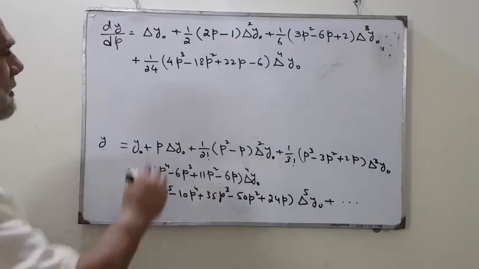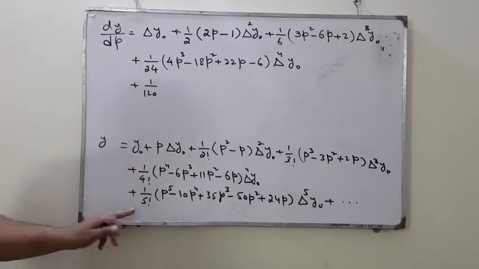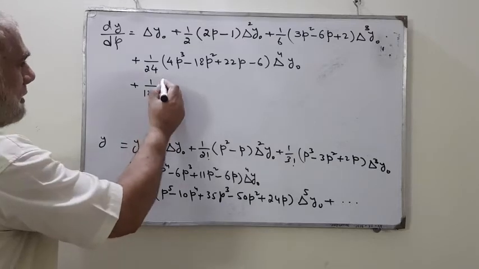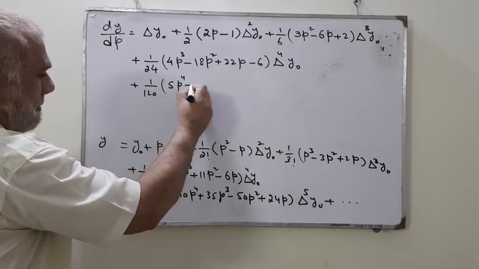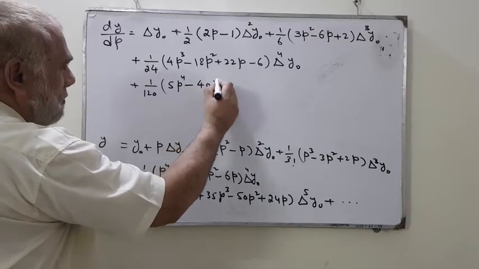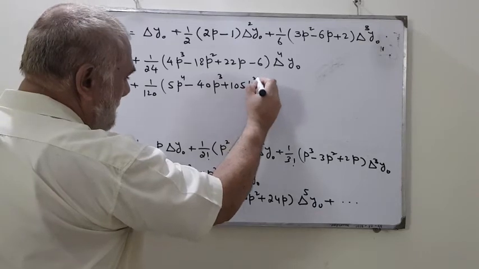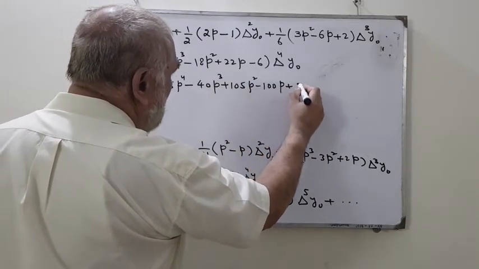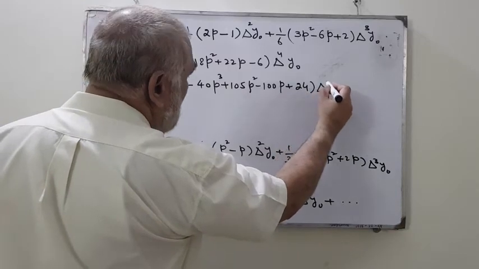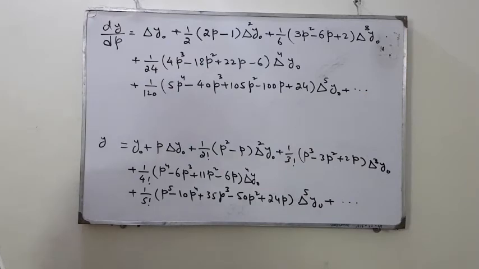Similarly, for the last term, we get 1 over 120, since 5 factorial is equal to 120, and this gives you 5p4 minus 40p cube plus 105p square minus 100p plus 24 times delta 5y0 and so on.